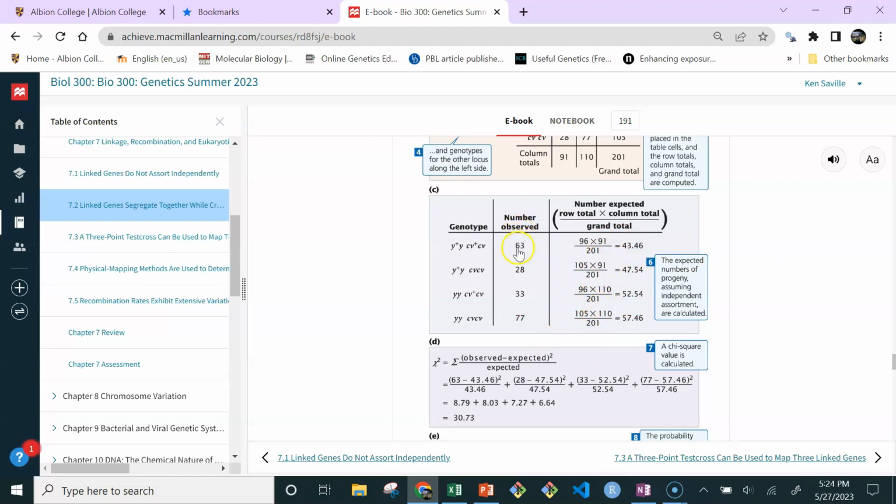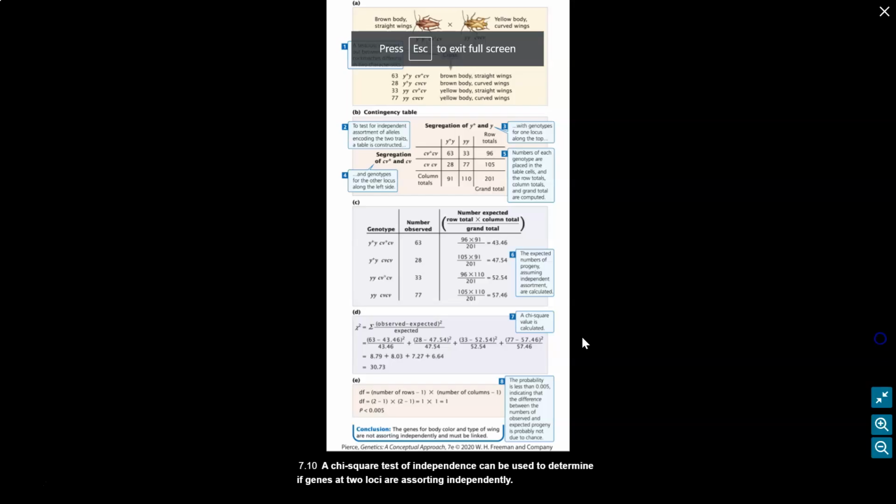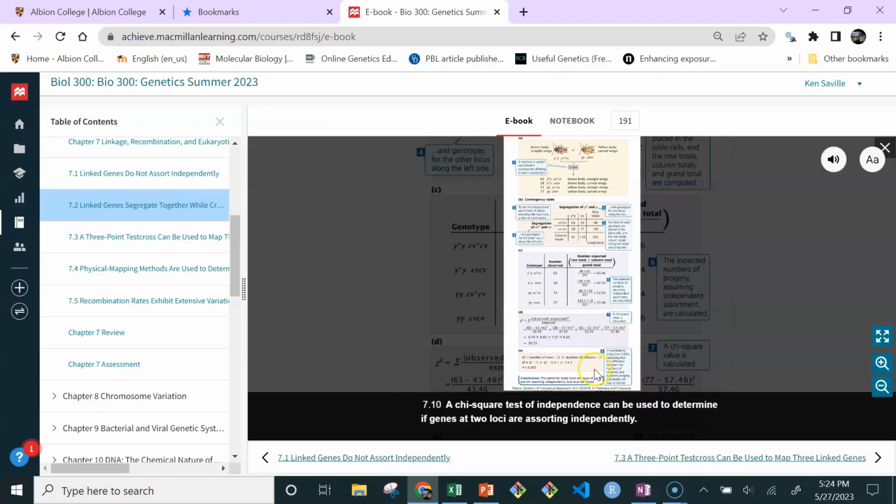The way you do chi-square is I'm going to switch over and do this on an Excel spreadsheet to keep the math easy. And I recommend that you do the same thing whenever you try to do chi-square. Let me make it bigger. It's so small. And so just remember these numbers.